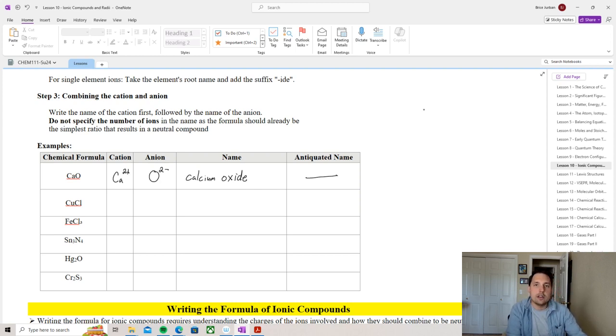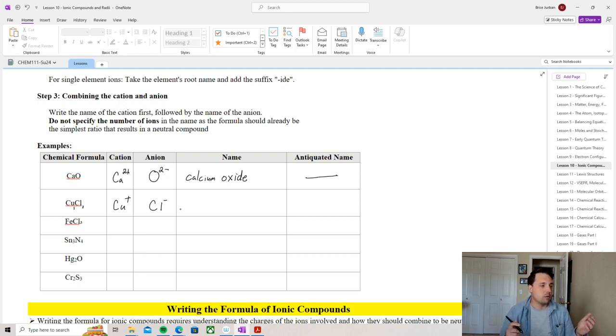Now, when we get to copper and chlorine, we need to know what the charge on the copper is. So let's start with the charge on the anion, which is Cl-. It's in the 17th group. It's 1 electron away from being a noble gas. And if we take the subscript here and multiply it by the charge on this anion, ignoring the negative charge, so it's 1 times 1, and divide it by the subscript of the copper, that'll give us the fact that this must be a copper 1+ cation.